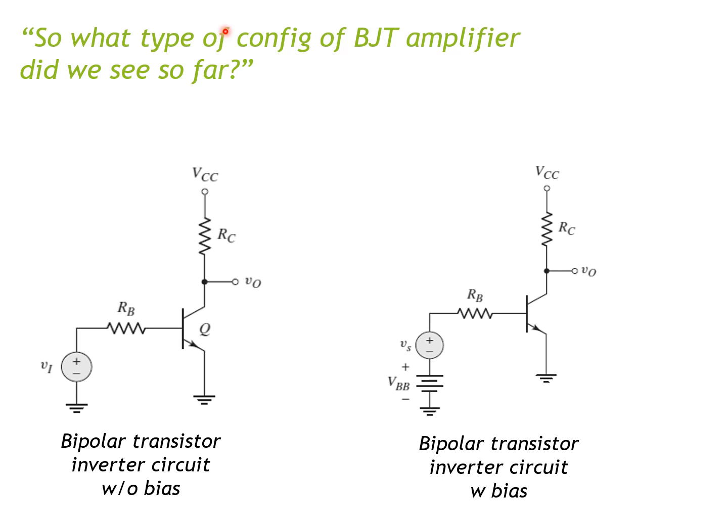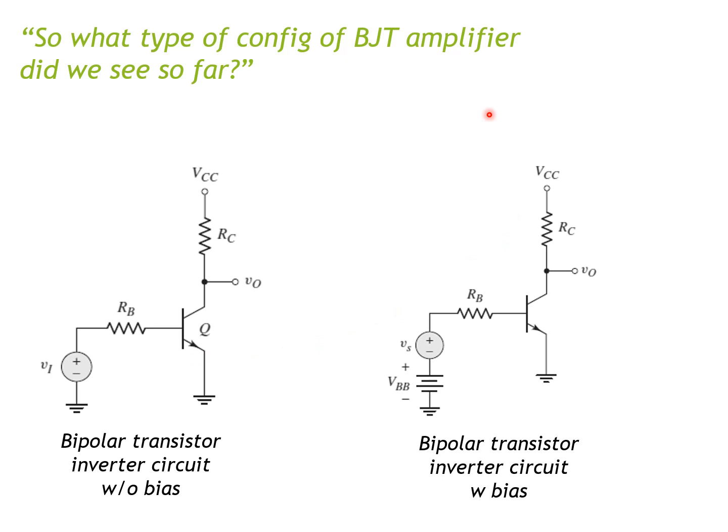I just give you two in here. In the left circuit, the input signal is Vi, and it contains both DC and AC signal. This is a bipolar transistor inverter circuit without bias, because here is the source itself.